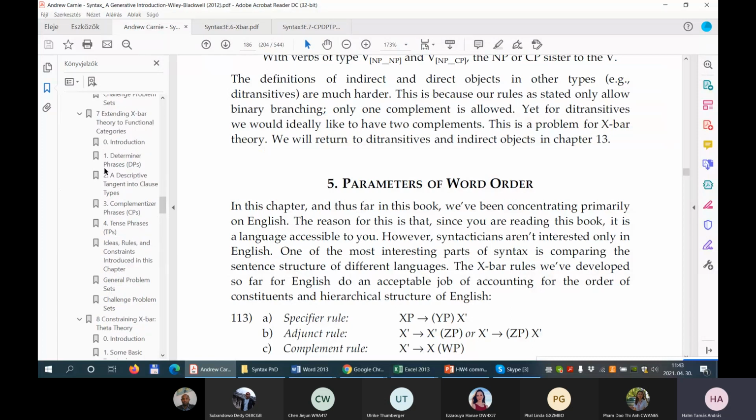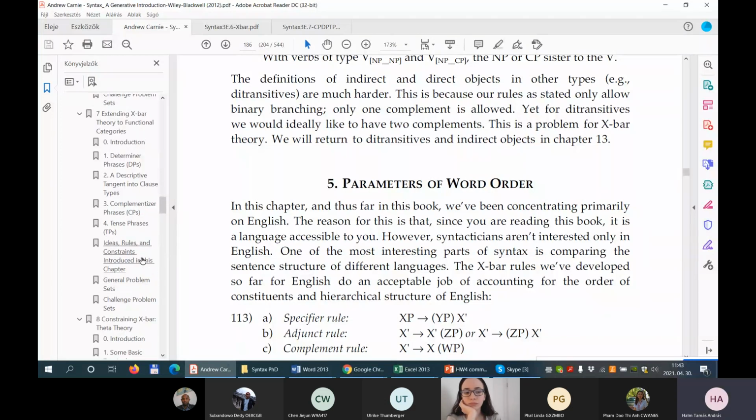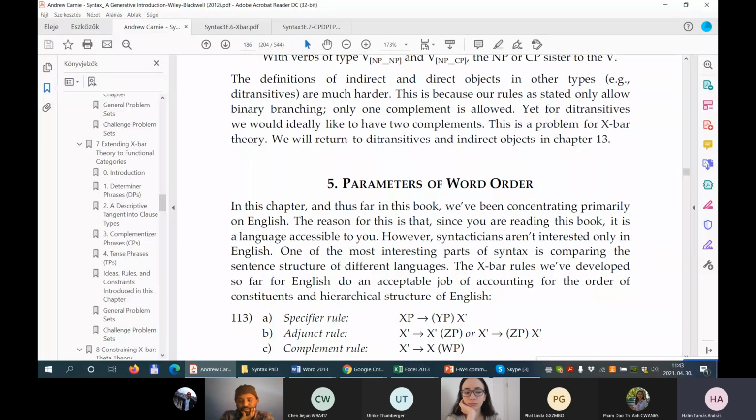I also will send some homework, and then next week we will discuss the homework and cover chapter 8 together, if that's okay. Okay. Any questions or comments at this point?